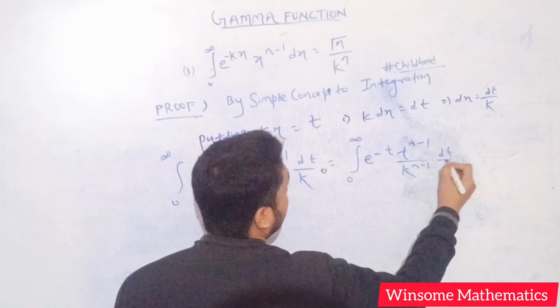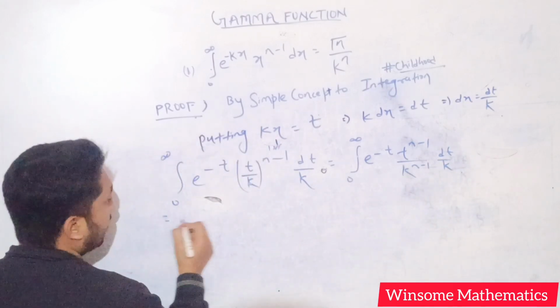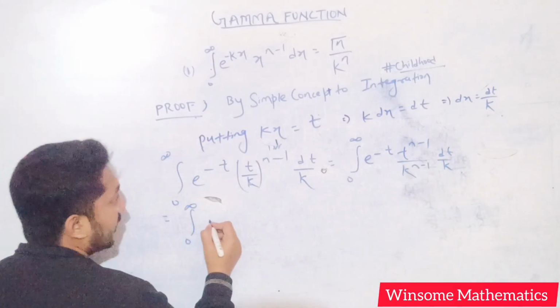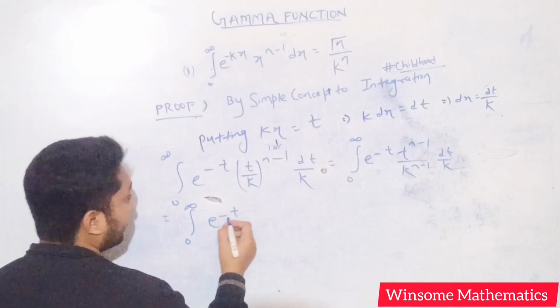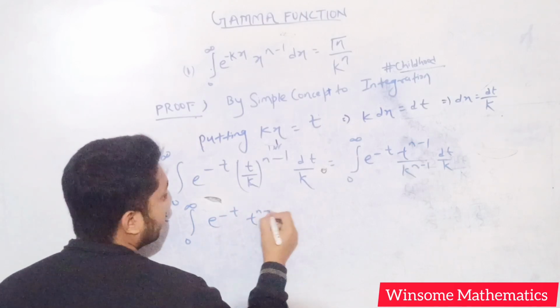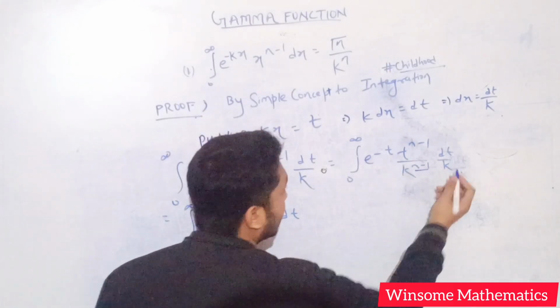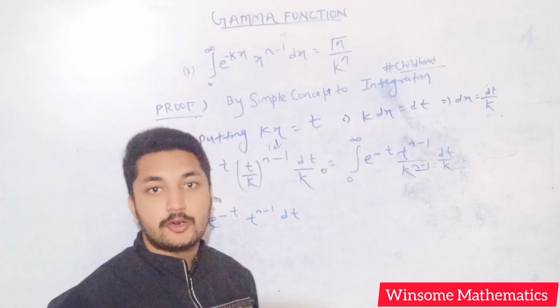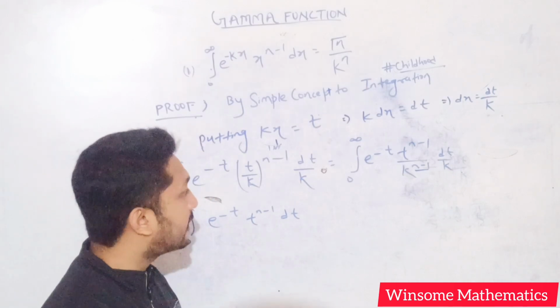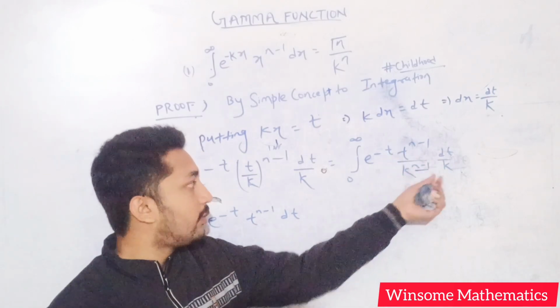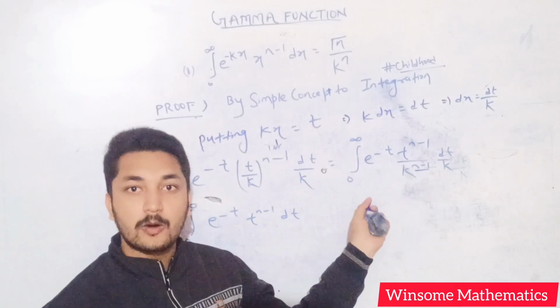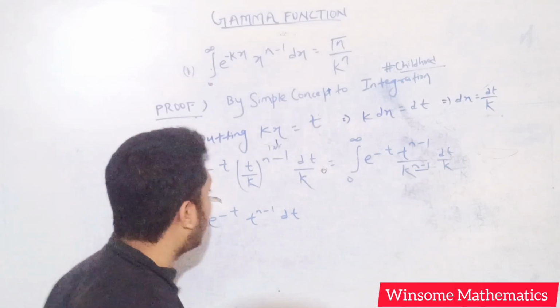into dt upon k. Now simply we can write e to the power minus t, t to the power n minus 1 dt, and this k to the power n minus 1 and k both are in the denominator, so they will be multiplied. This is k to the power 1, so the bases are the same and the powers will be added.